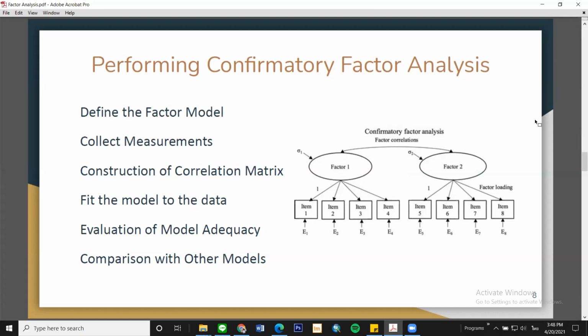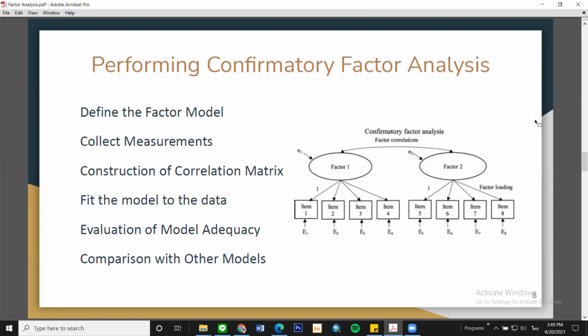Next step is construction of the correlation matrix. This step is to evaluate the relationship between the factors. Next step is fit the model to the data. A method is required for obtaining the estimate of factor loading.